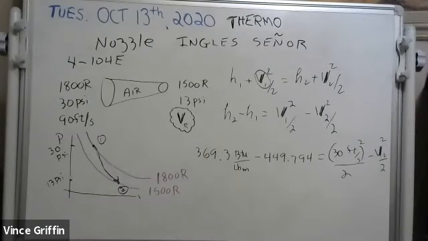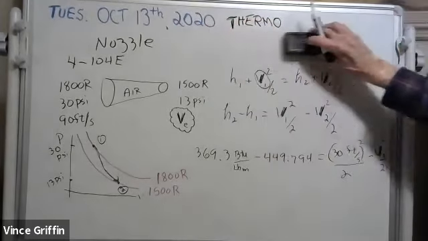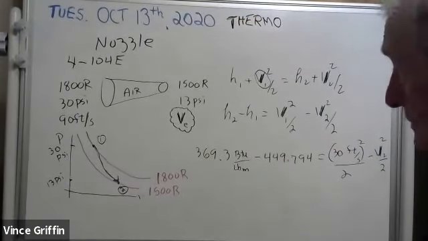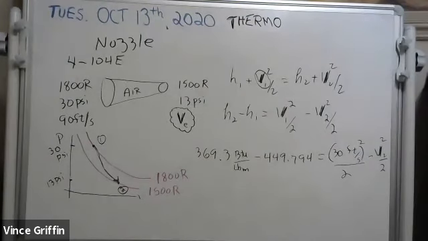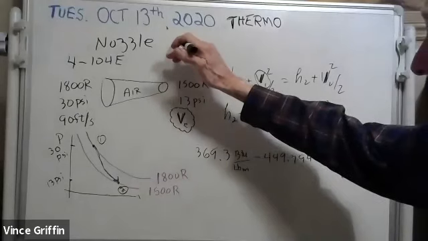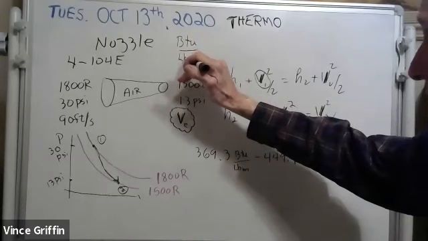Let me show you how you can get from one to the other. I just need a little room here someplace. How about up here? Now what I've got there is feet squared per second squared. What I got there is BTUs per pound mass.